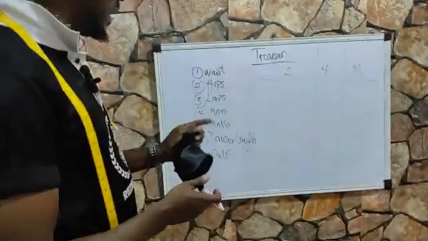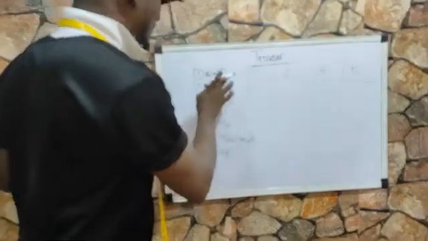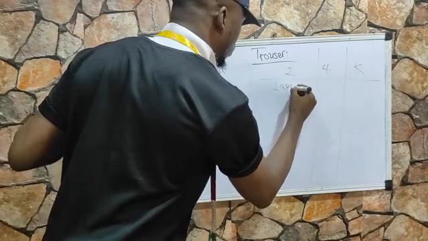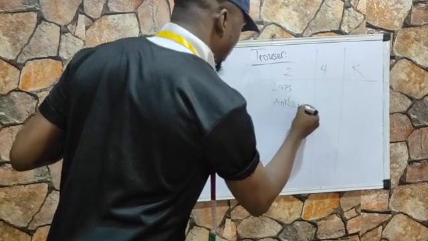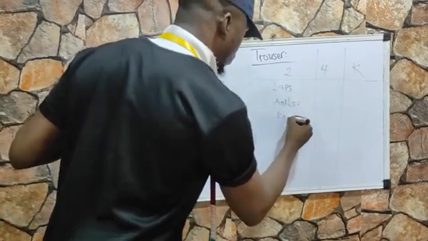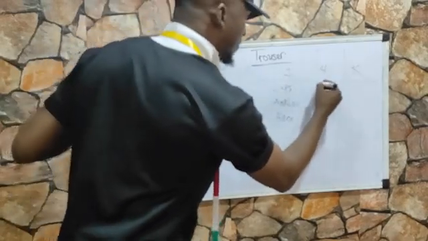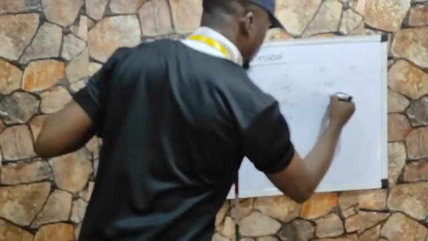Now, I want to fill in these areas. The values you divide by 2. For the first value of 2, you have the laps by 2, and then you have the ankle by 2, right? And you have the knee by 2. So these are the areas you divide by 2. Then for the 4, you have the waist, you have the hips by 4.